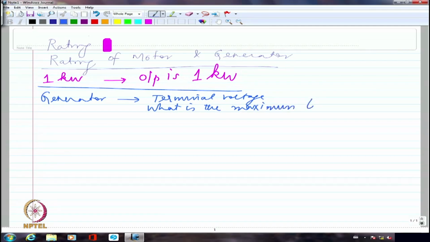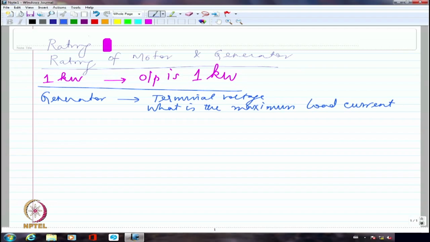Because I am going to assume that even if the armature current is slightly higher than the load current because of some amount of field current in a shunt machine, for example, the field current is really small, because of which we can neglect it when we talk about the rating. That is the way we look at it. So I'm going to say that this is the load current my machine can supply.